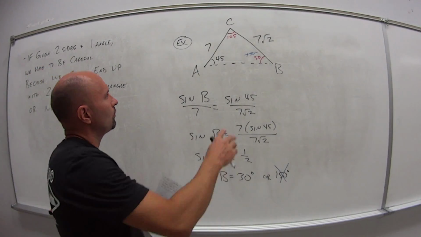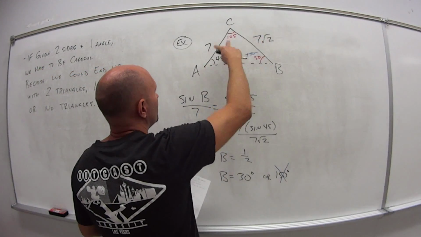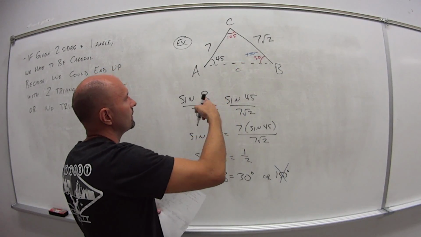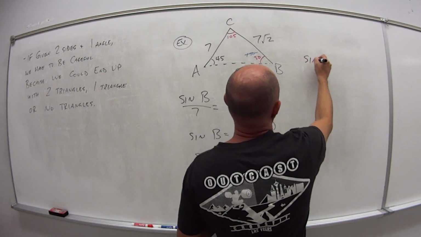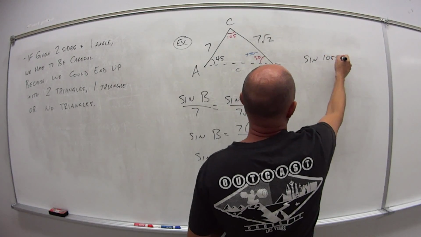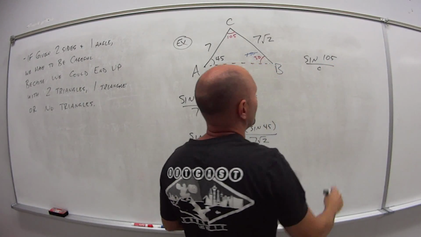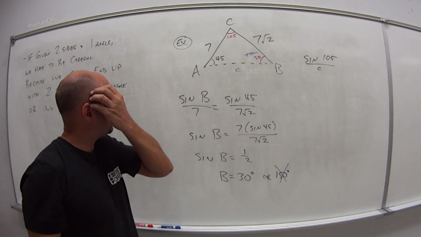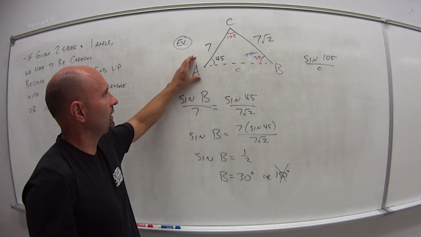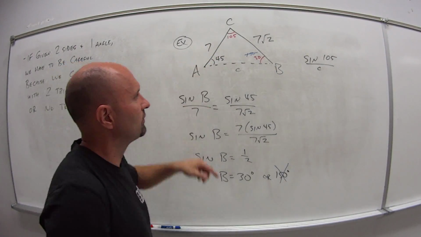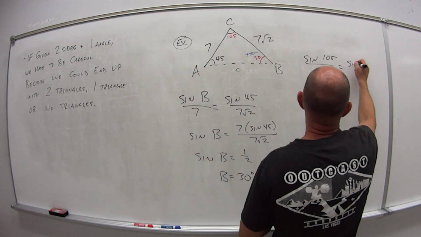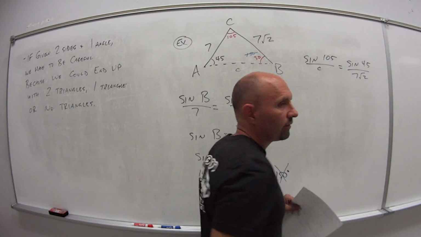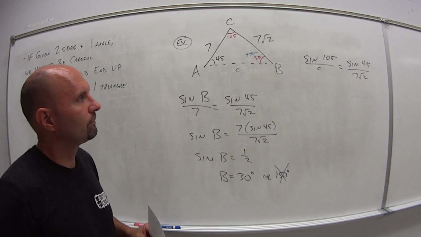Now we have the three angles and the two sides, so we just need the last side, which is C. So sine of C, sine of 105, over the length of C. Just as in the first video, I'm going to use the information I was given, both pieces of A. So this is equal to sine of 45 over 7 square root of 2.